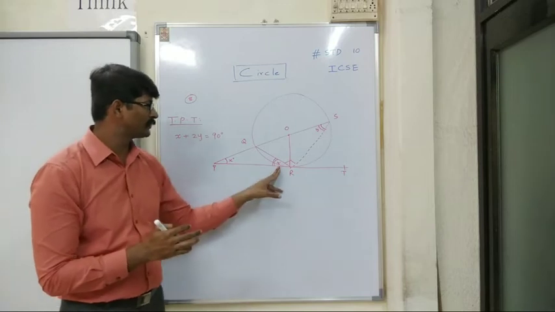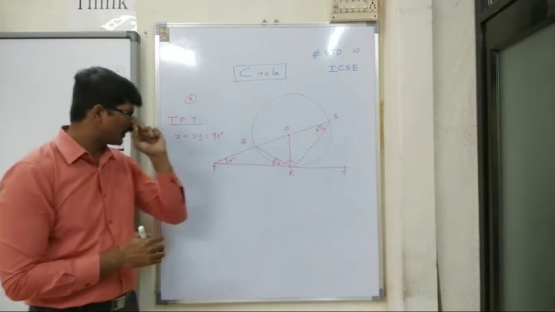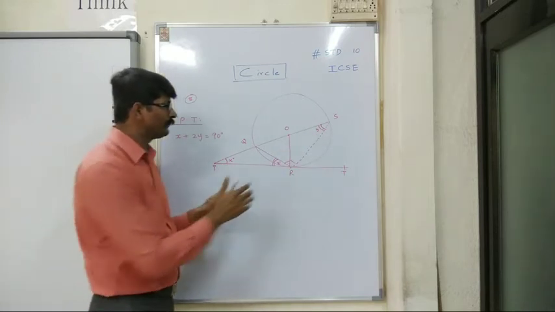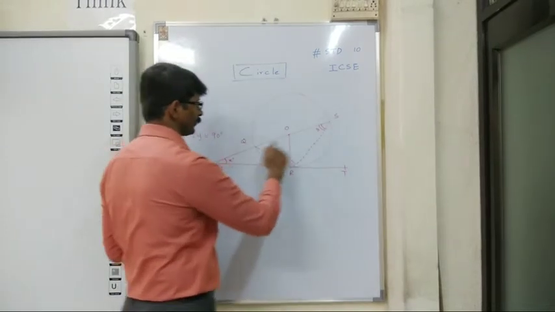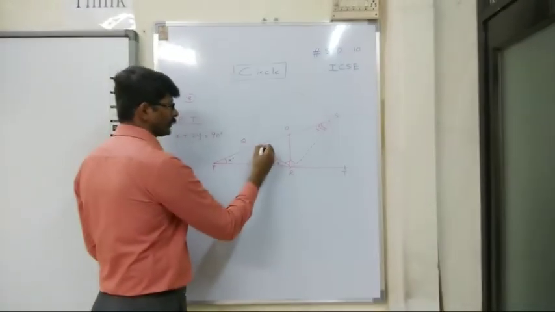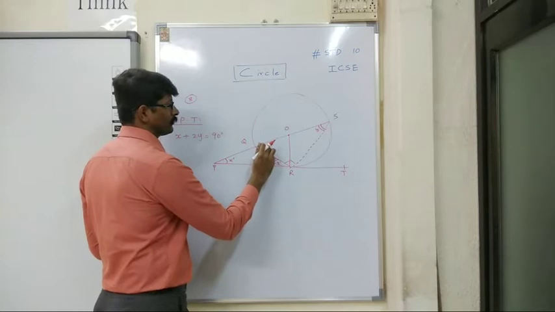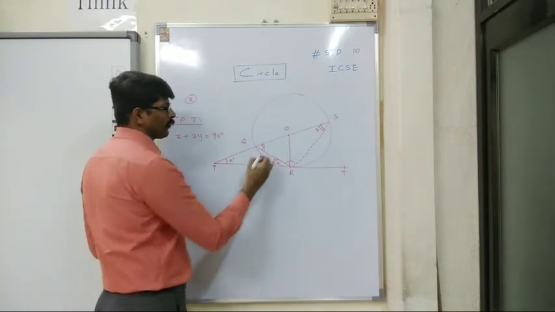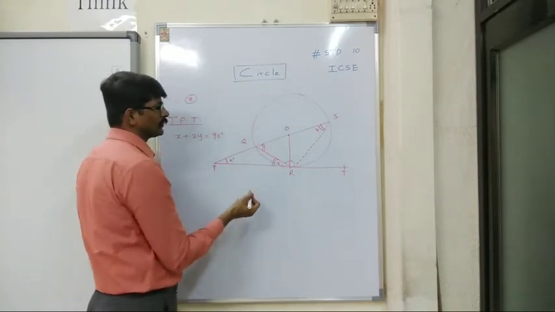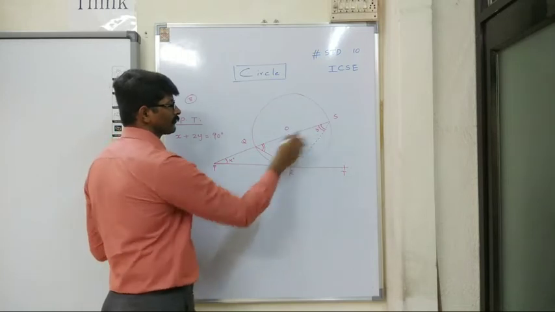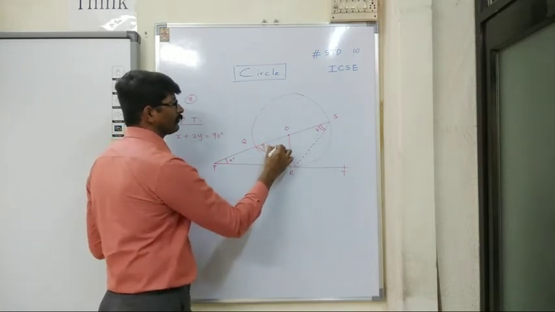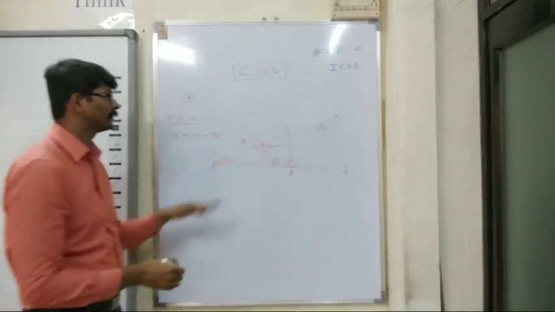So if this is y, even this is going to be y. And students, if this is 90 degrees and this is y, can you guess what this will be? If this is 90 degrees and this is y, this will be 90 minus y.